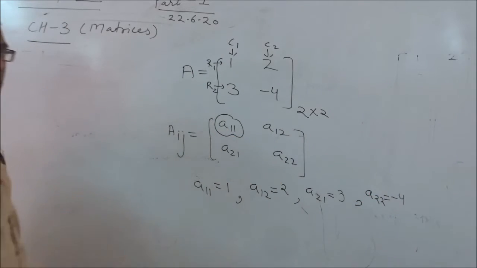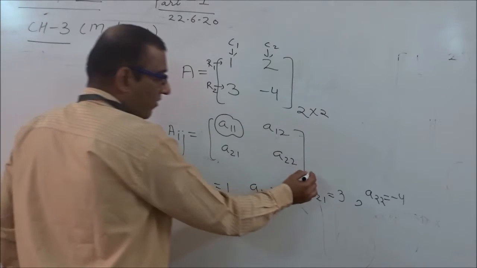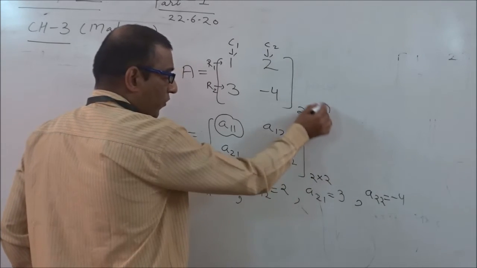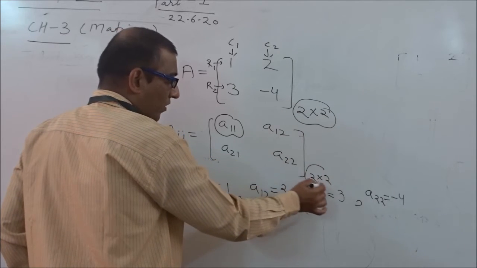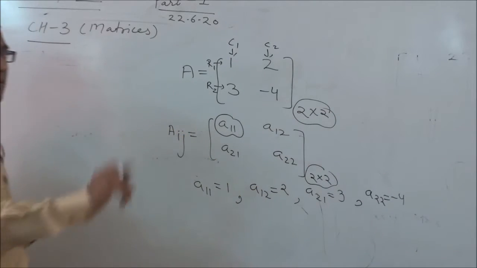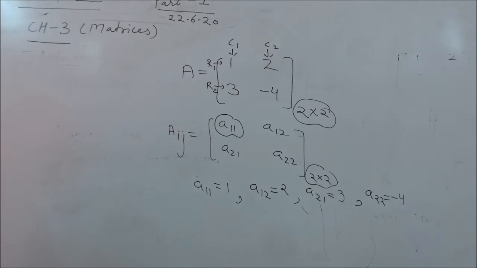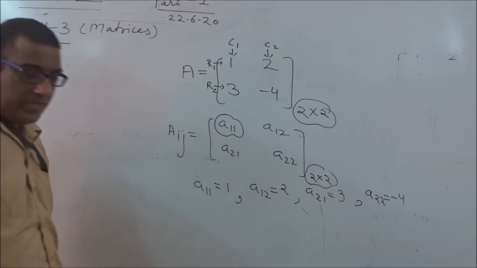So 4 types of elements are there, 4 types of entries are there, and we can compare only when the order is the same. Here the order is 2 into 2, and here it is also 2 into 2, otherwise comparison is not possible. So if we want to do the comparison, the order must be the same.